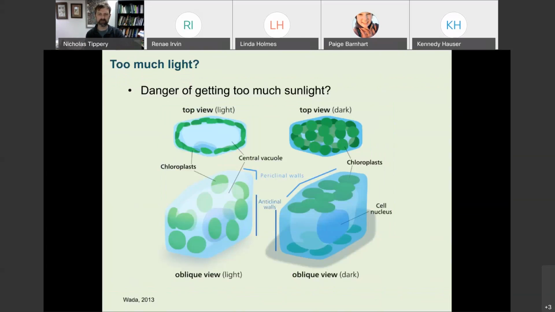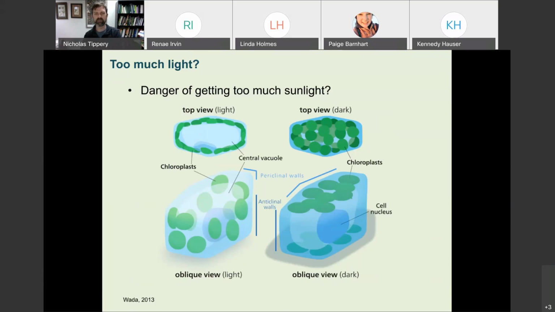This was another one that I find interesting. So one of the reasons that those reactive oxygen species exist, the oxidative stress of getting sunlight, it's actually related to the process of photosynthesis. So if you're getting too much light on your photosynthetic machinery, that causes oxidative stress.